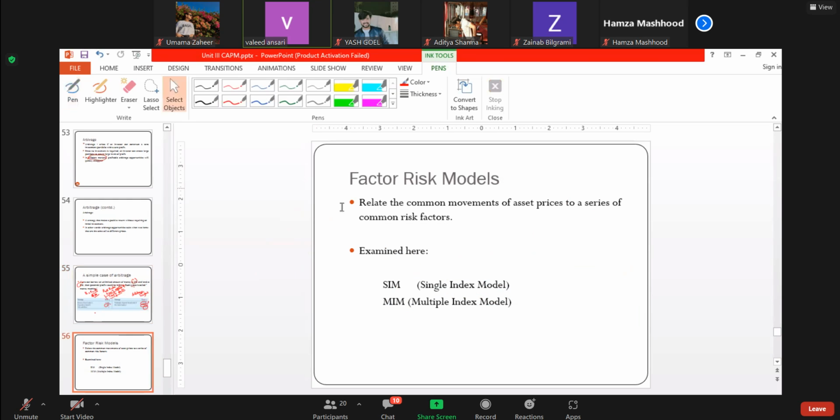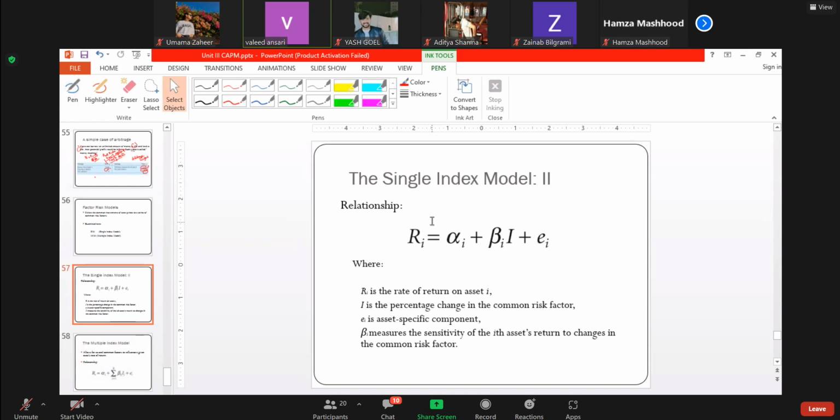So what this model says is that the risk and return relationship is driven by not one factor but several factors. For example, in a single-factor model, like here where we have taken the return on the market, there is some common factor which affects all. What may be a common factor?